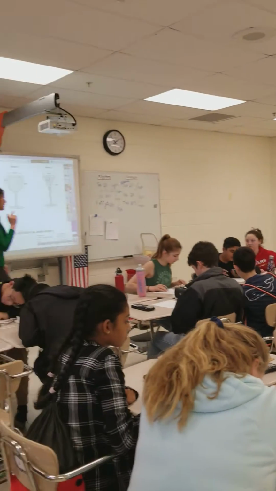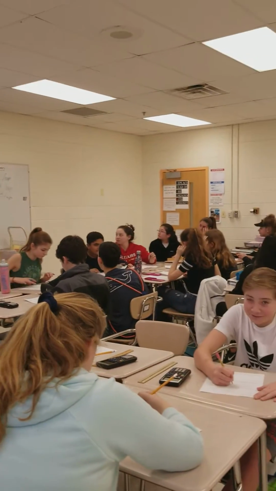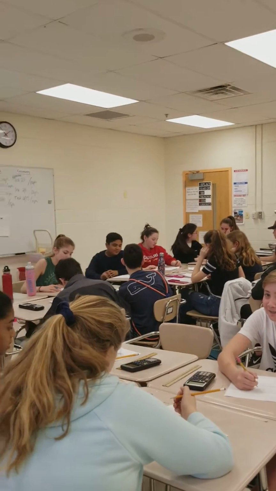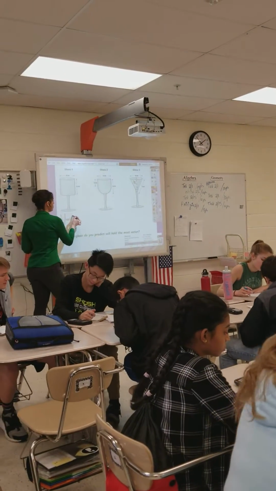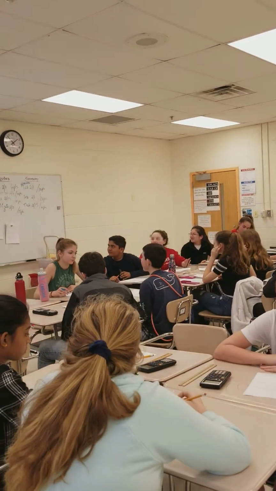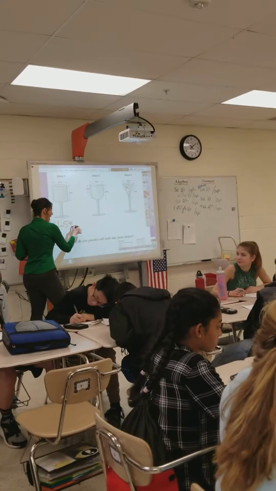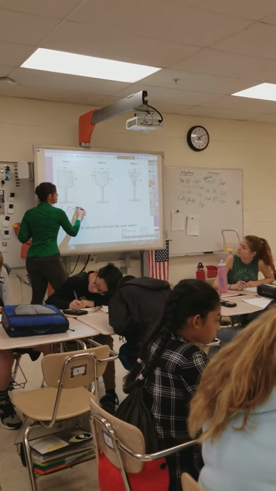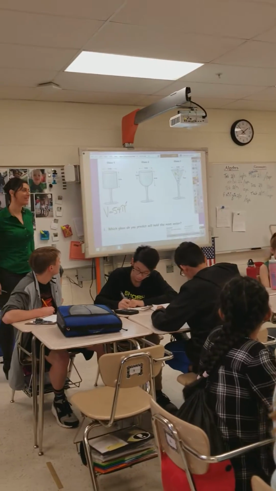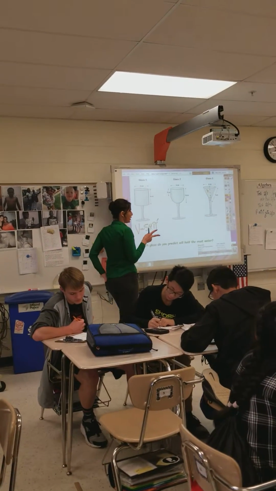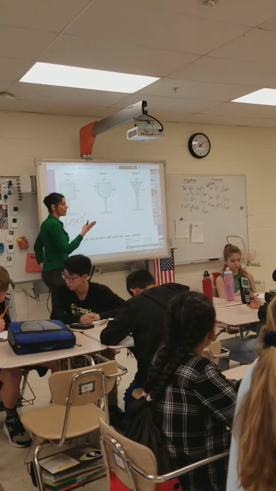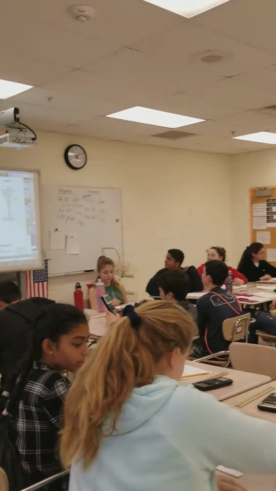Sarah, can you share the volume in terms of pi of your first glass? 54 pi. Okay, do we agree on that? Yes, we're okay with 54 pi. Okay, second volume. This one took 2 parts. Colette, you're on the front. 45 pi.